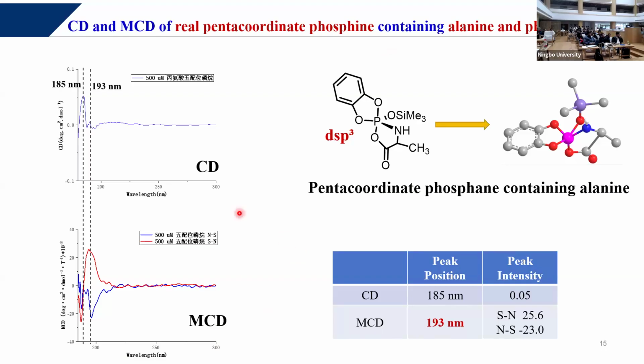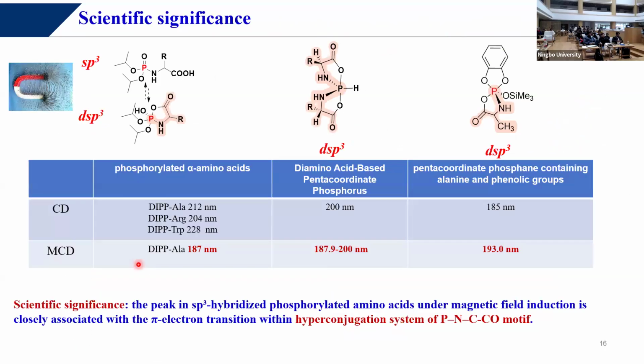The experimental results show that it has a distinct absorption at 193 nanometers, demonstrating remarkable consistency with previously observed electronic transition patterns in pentacoordinate phosphorine systems. Under a magnetic field, this sp3 hybridized phosphorylated alanine could form a dsp3 hybridized five-membered transition state.